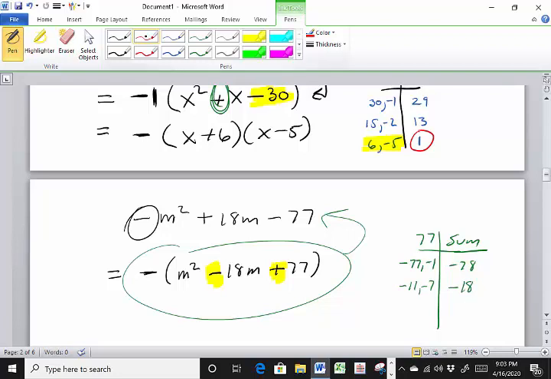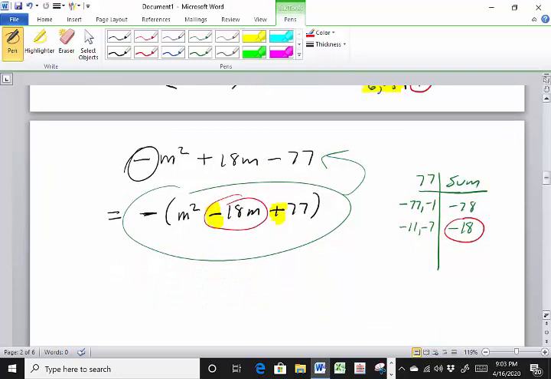That works, right? So this equals the opposite of, and then our two binomials. So it's going to be m minus 11, m minus 7.